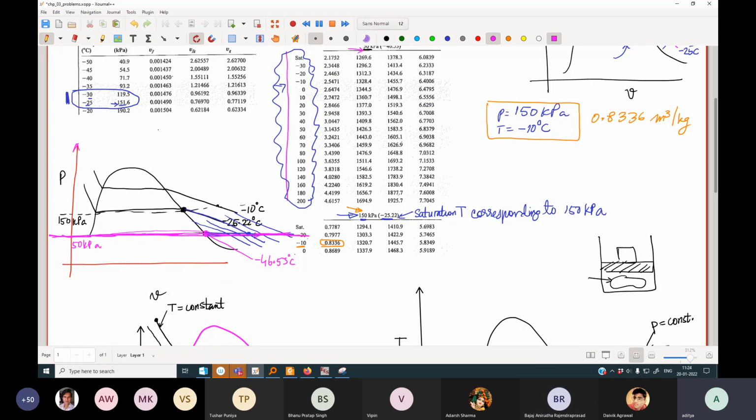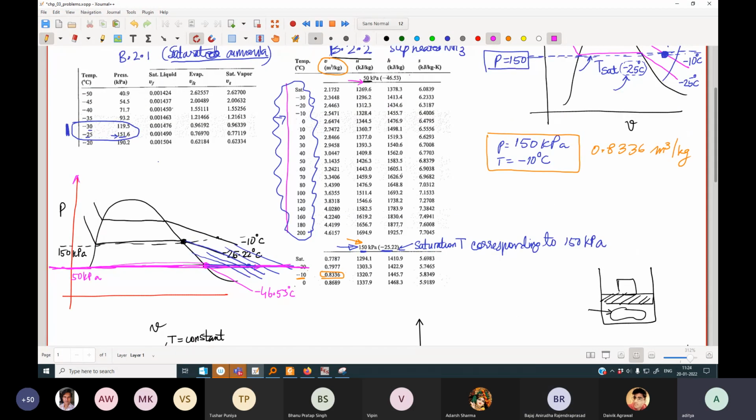All the entries lying at 50 kilopascal lie on this horizontal line. And this isotherm corresponds to minus 46.3 degrees Celsius, 4.53 degrees Celsius, and successively we are scanning across different temperatures. But all these points are intersections of different isotherms with the 50 kilopascal line.